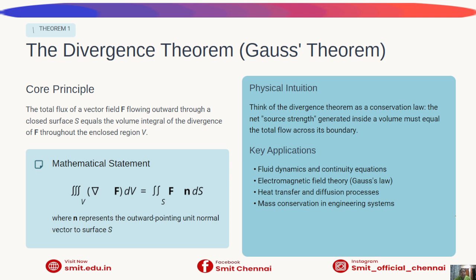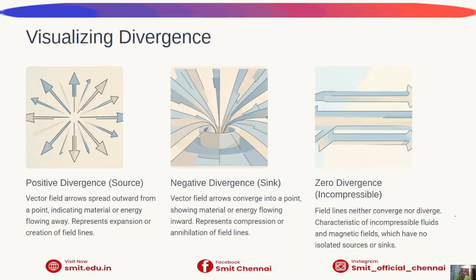Key applications include fluid dynamics, continuity equations, electromagnetic Gauss law, heat transfer, and mass conservation in engineering systems. Next, we visualize the divergence. Positive divergence at sources shows vectors spreading outward, indicating expansion or field line creation.